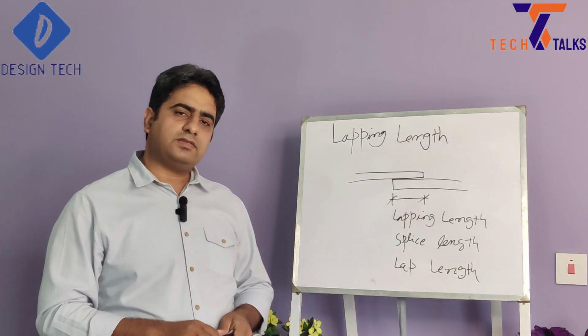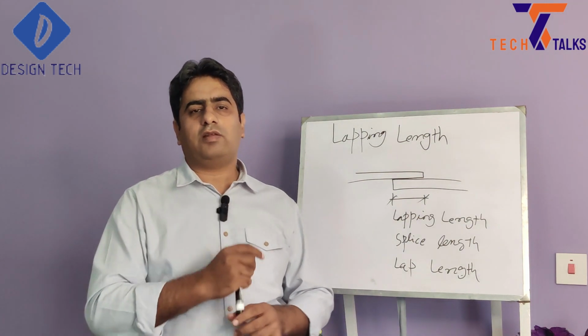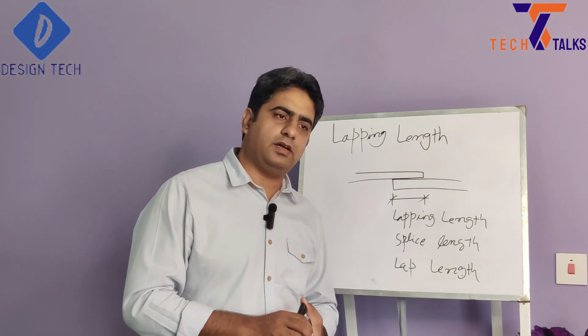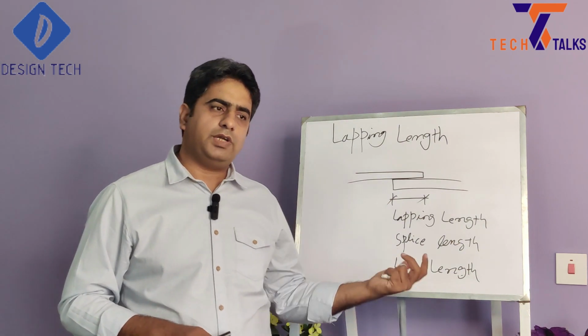The calculation process of lap length is almost the same as we calculate for development length. Almost the same formulas we are using, and when we go for thumb rule, it will be the same.